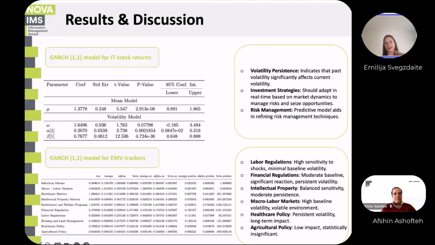The intellectual property tracker showed moderate responses, and other trackers varied in predictive strength, with some, like agricultural policy, showing little significance. Overall, the whole analysis highlighted which policy areas most impacted market volatility, aiding, for instance, risk management.